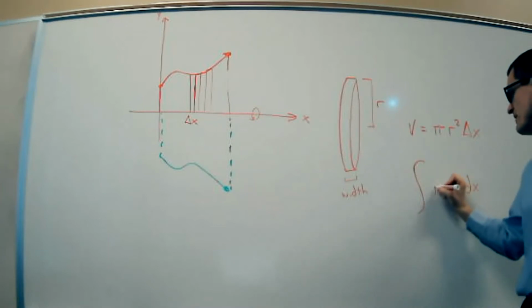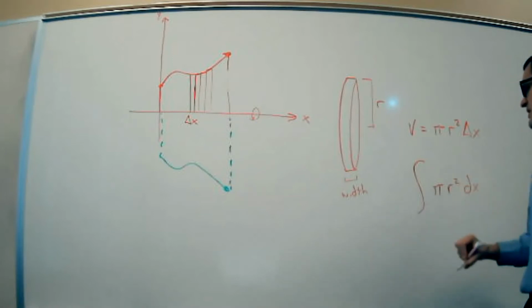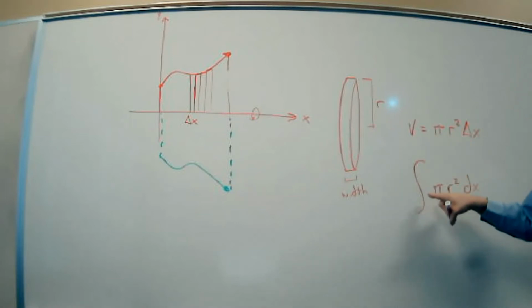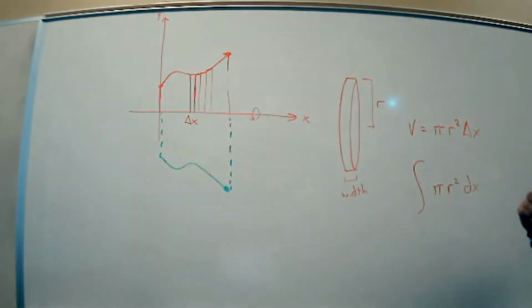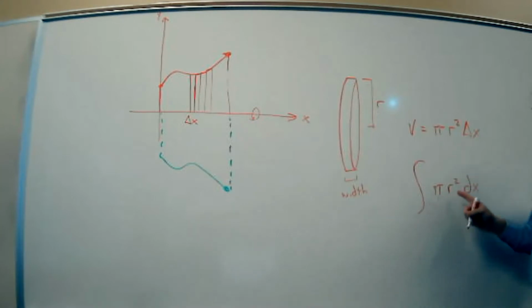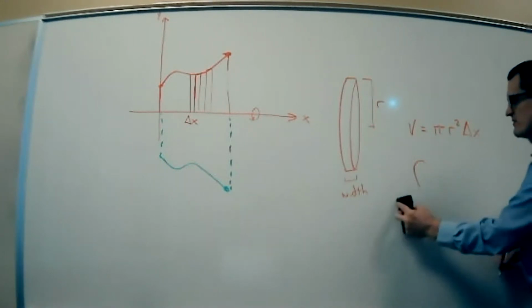And adding up infinitely many things is going to be converting to integrating with respect to x. All right? So it's going to be basically like pi r squared integrating with respect to x.